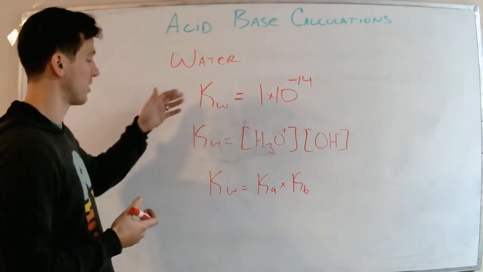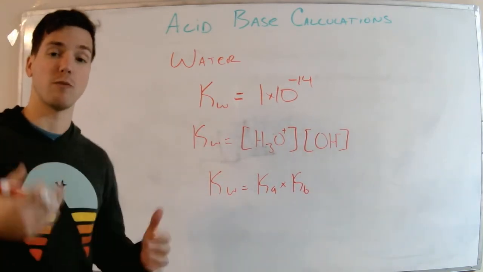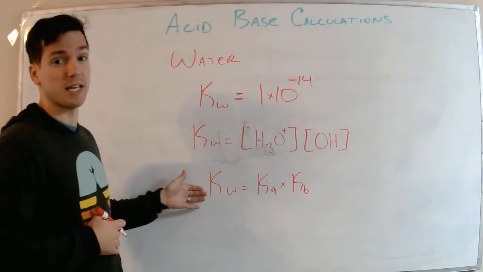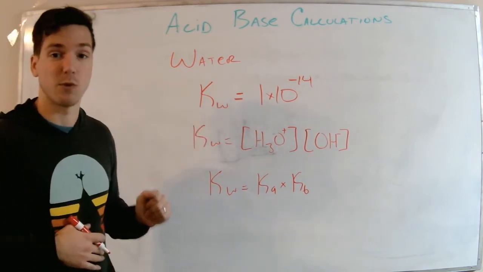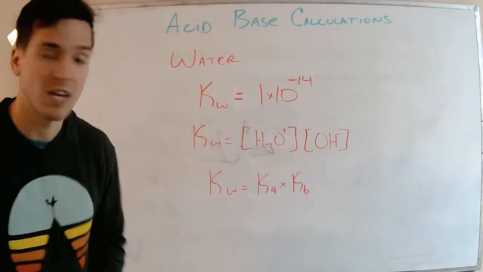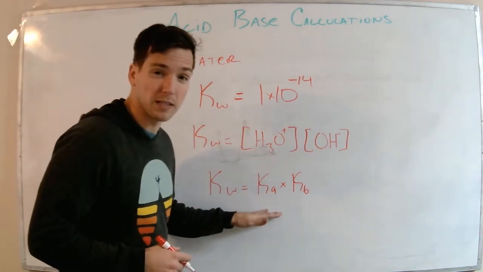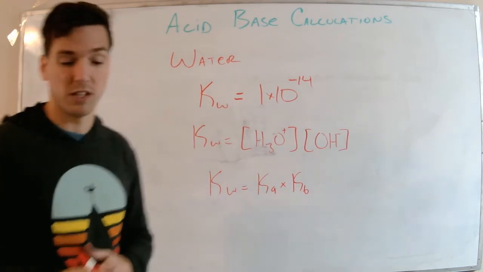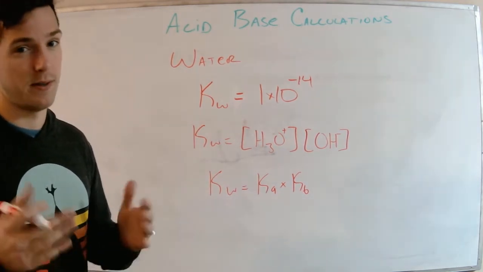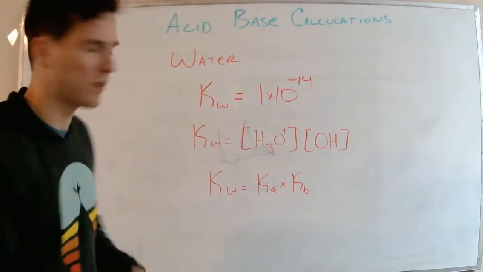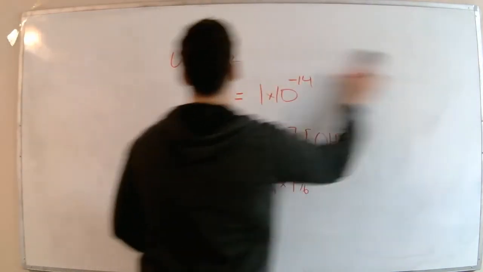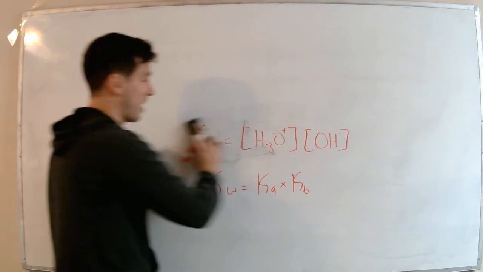I believe this one is on your AP Chemistry reference sheet. This one comes in handy later on. So know that Kw equals 1 times 10 to the negative 14th, and know Kw equals the equilibrium constant for the acid times the equilibrium constant for the base. Alright? So just some foundational knowledge there on water.